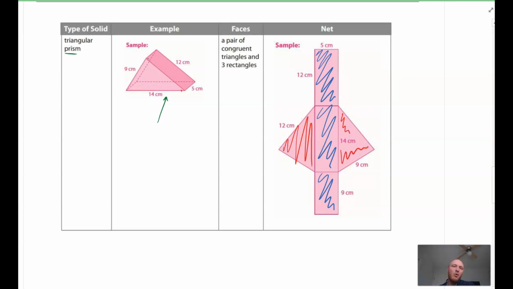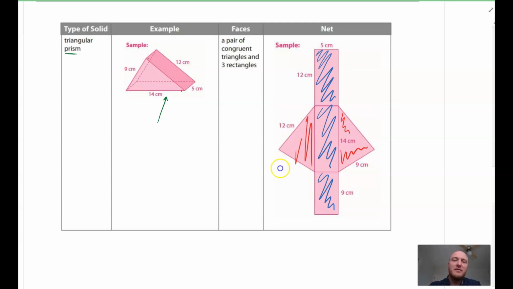And why are nets useful? Why are we even looking at nets? Well, if I unfold this, one thing that we do in mathematics is we calculate area and we calculate volume. So this whole unit focuses on surface area. What we're going to be calculating is the area of these objects.